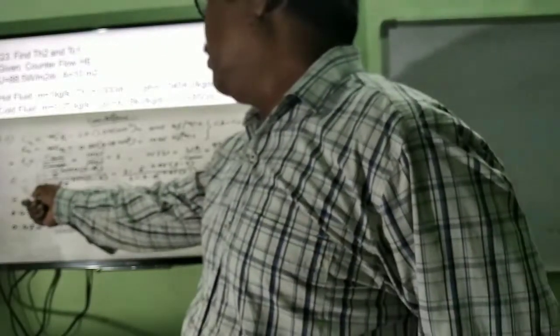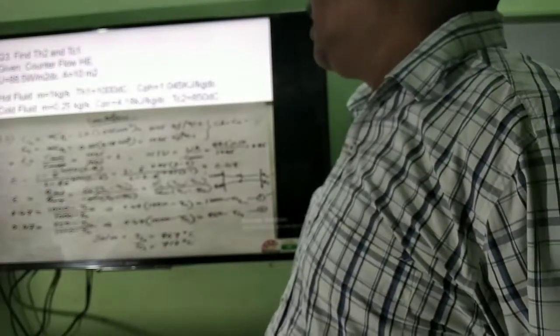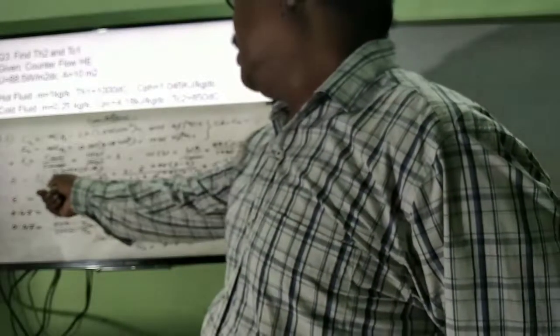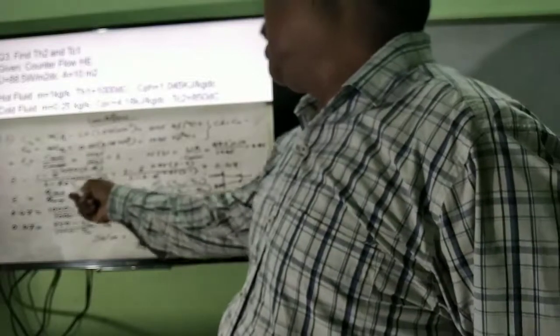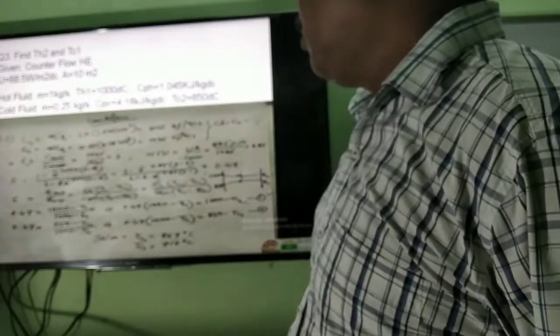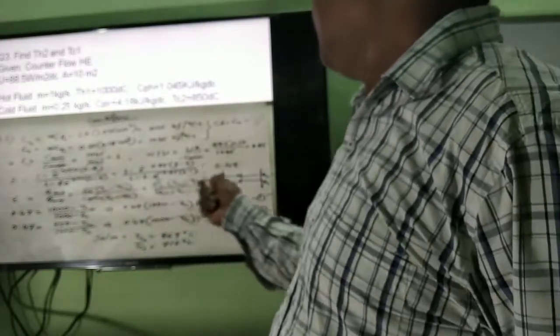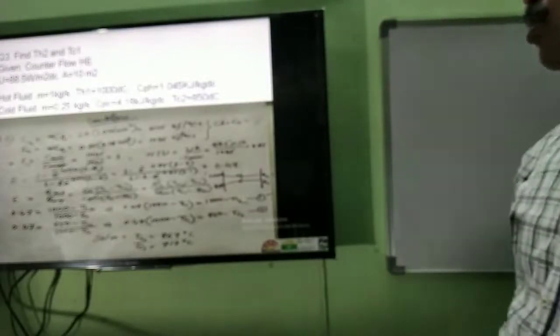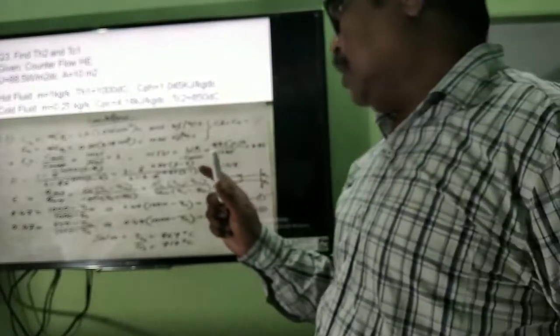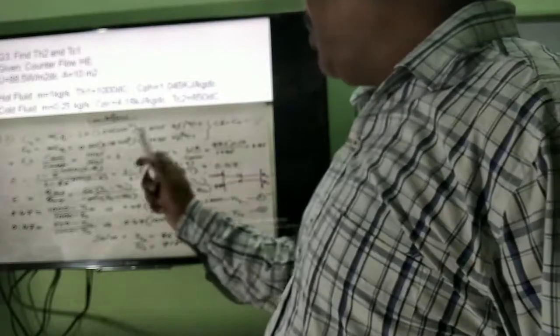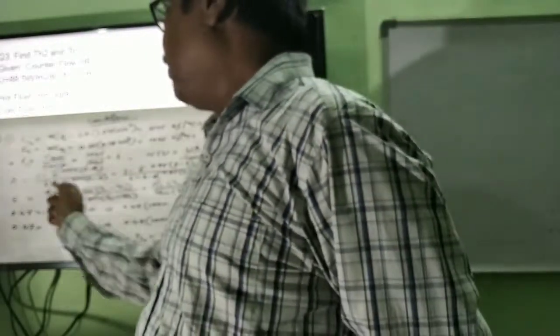So from this you can find out the effectiveness of the heat exchanger by the formula 1 minus e to the power minus NTU(1 minus R) over 1 minus R e to the power minus NTU(1 minus R), that is for the counterflow heat exchanger. Put this value, it will be 0.45. So one effectiveness you got from this formula.